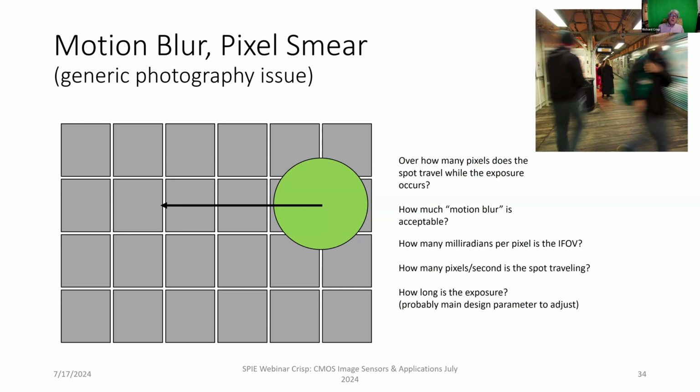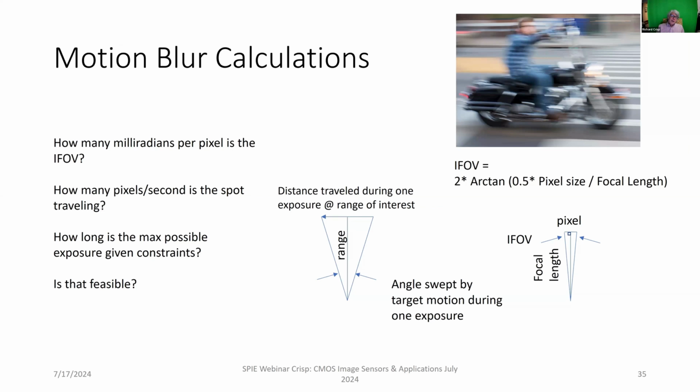Then you look at the exposure time, and that's usually the main parameter you have to adjust. So there's this iterative process of exposure time, pixel size, and how big the spot is that you go through in order to engineer a solution. I think I just said all of that. This says it mathematically, but again, you're just solving a lot of triangles using trigonometry.